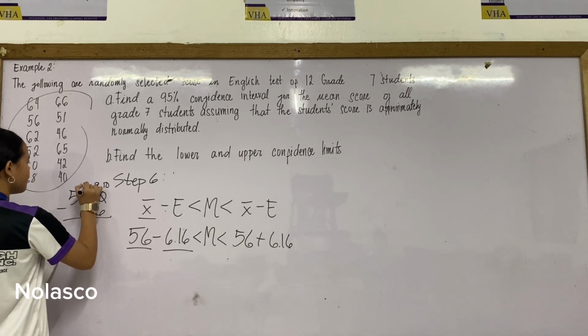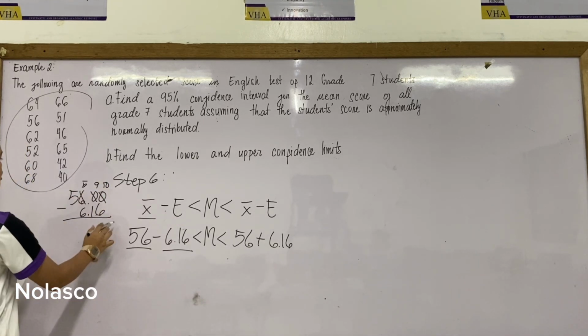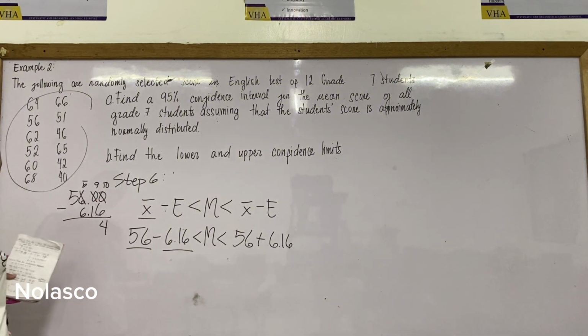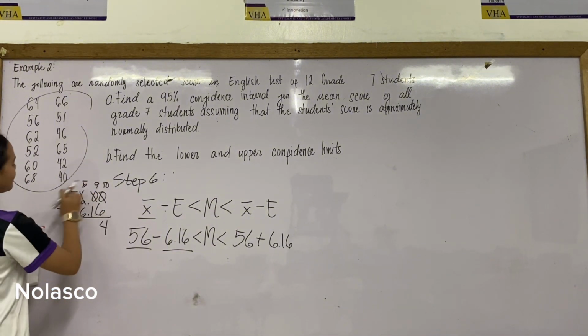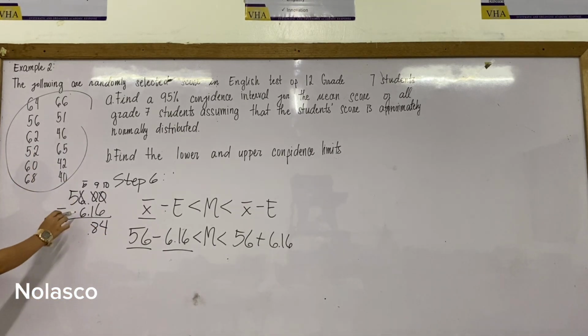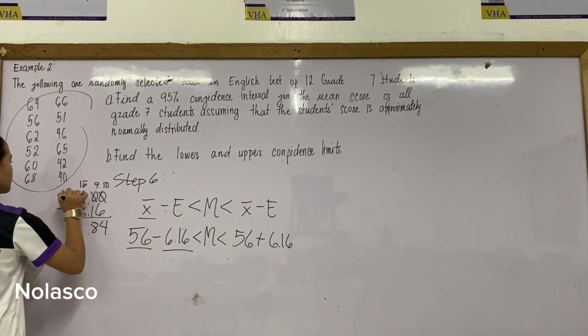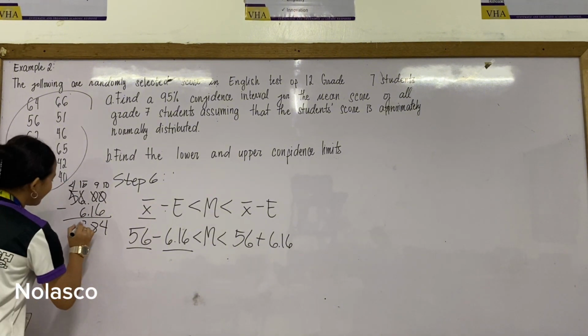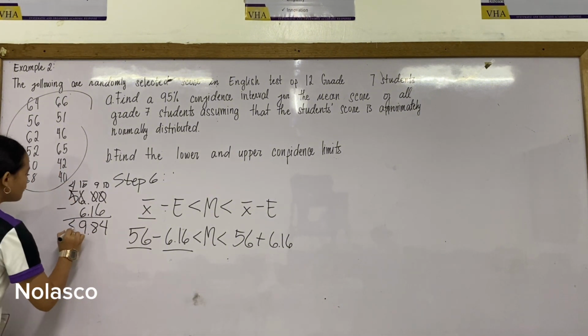10 minus 6 is equal to 4. 9 minus 1 is 8. 5 minus 6 cannot be, so borrow: 15 minus 6 is 9. So copy the 4.